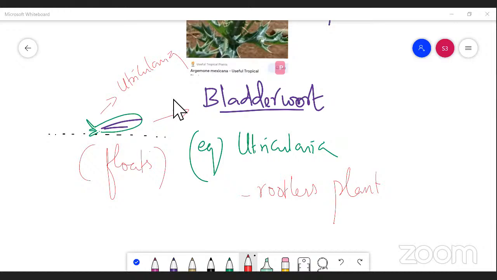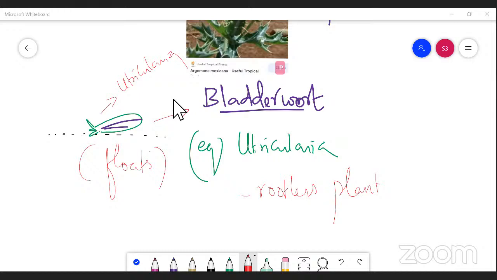Utricularia floats on the water surface and it does not produce any roots, right? It is a rootless plant. It absorbs the food material present on the water surface. The leaf bladder, or bladderwort, helps in absorption of food material, hence it floats on the water surface.